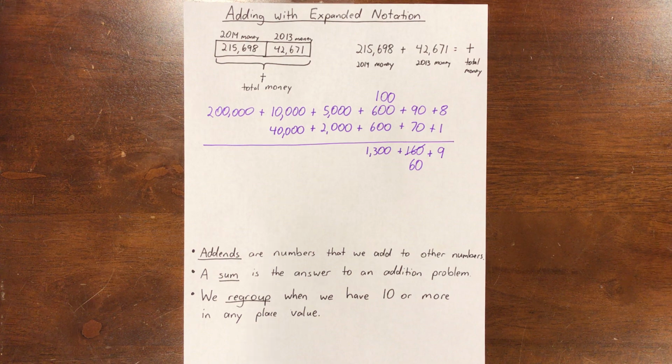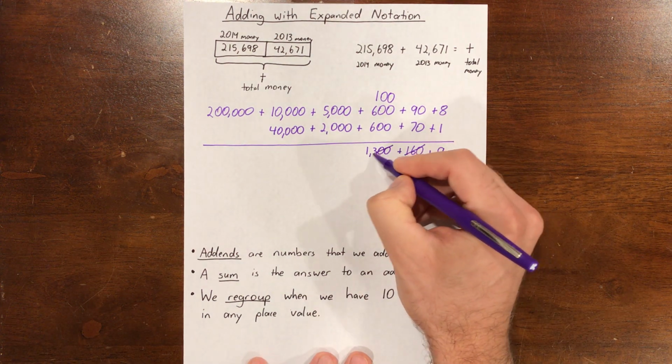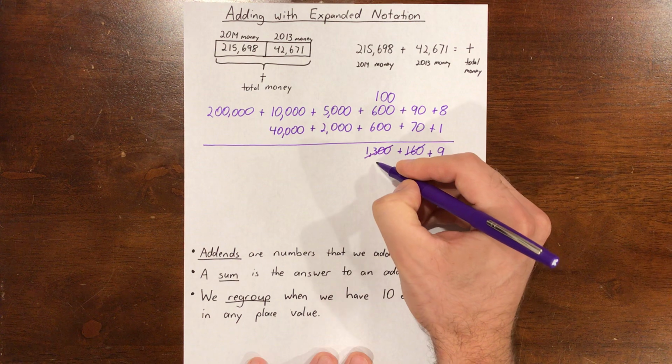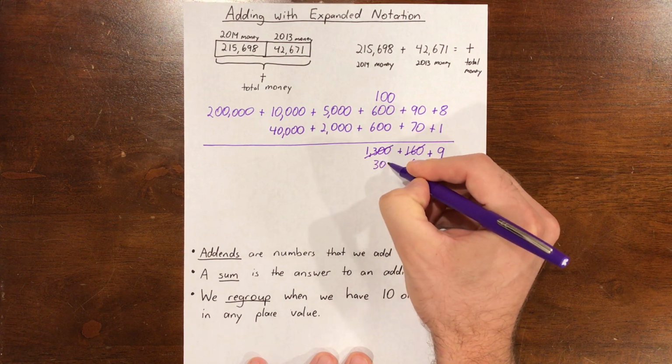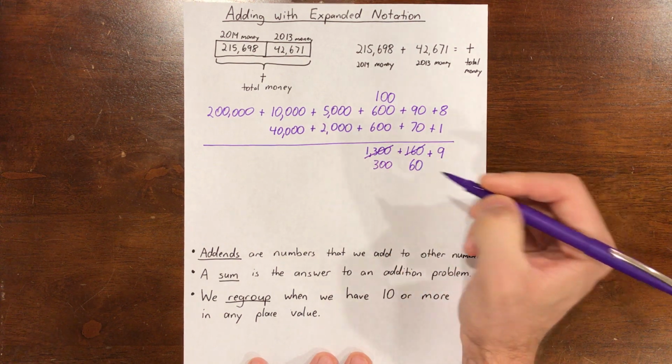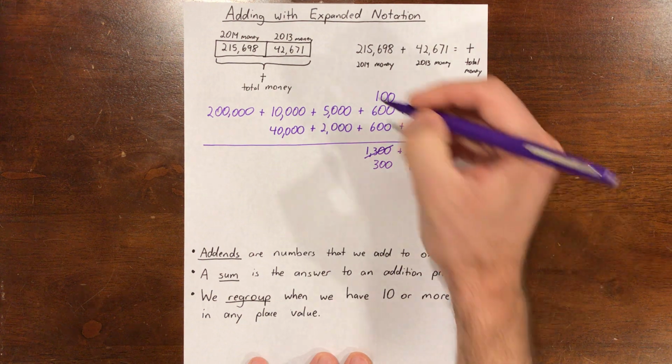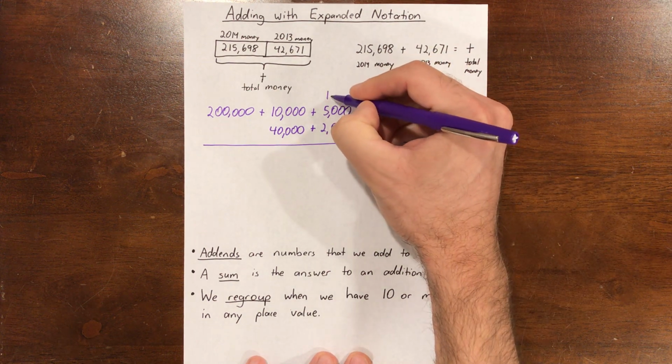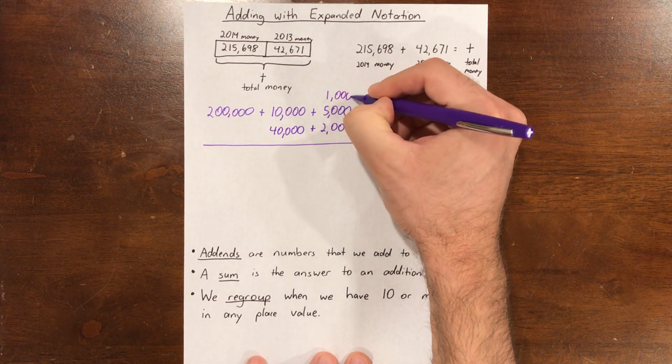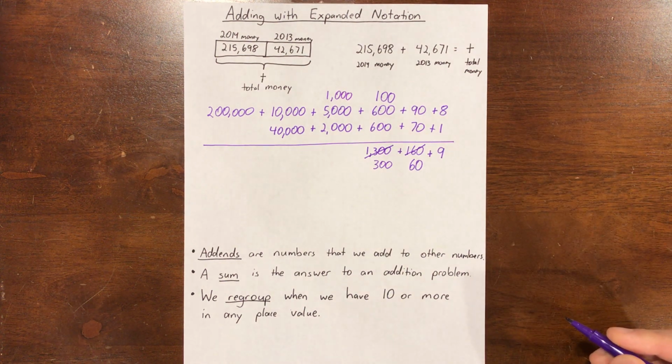Yeah, I have to regroup. How can I show that? Right. I can cross out 1,300. 300s can stay in the hundreds place, and I'll regroup 10 hundreds or 1,000 over to the thousands place.